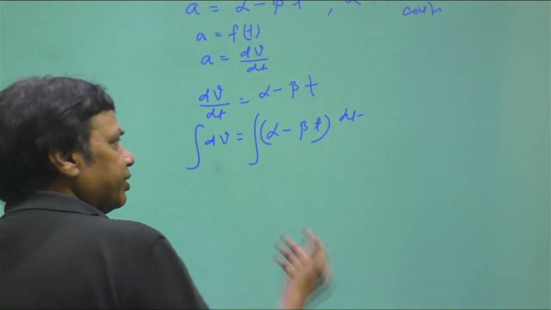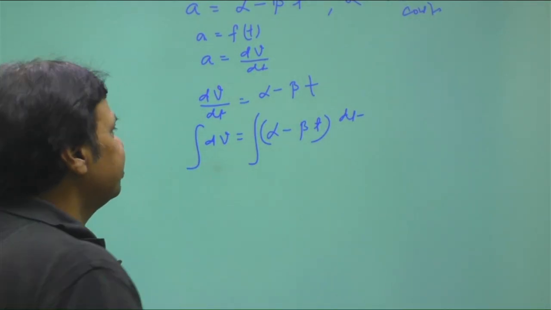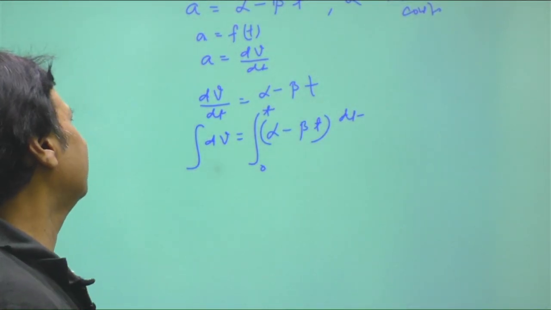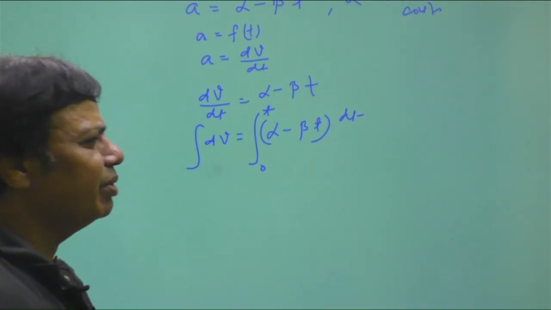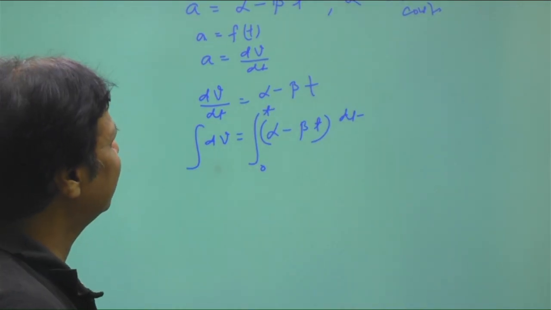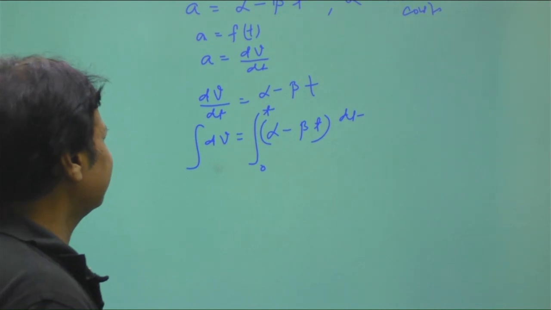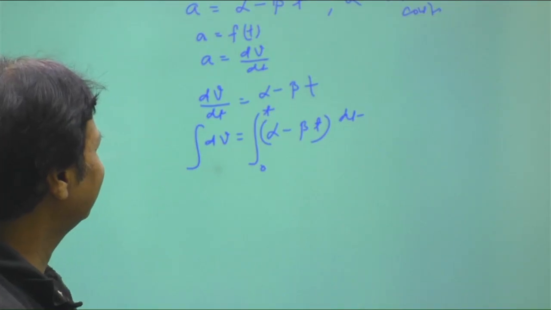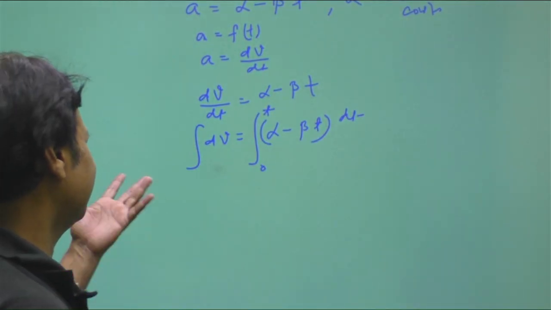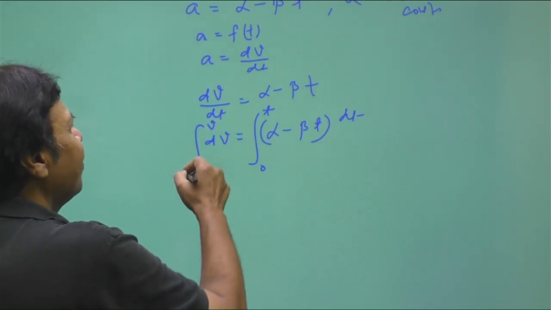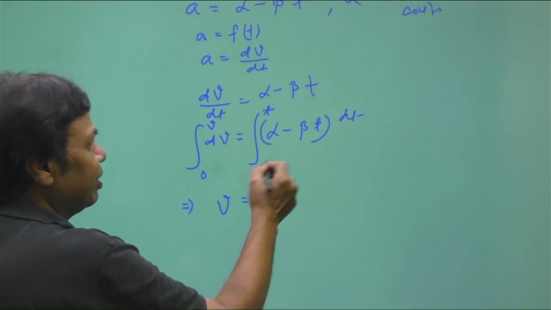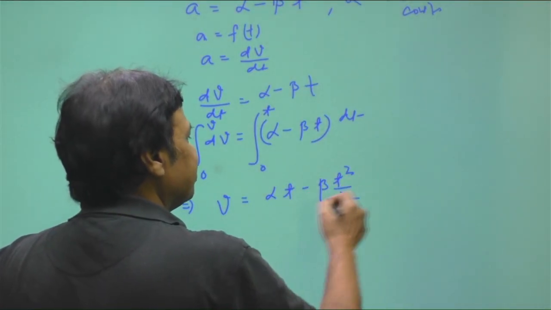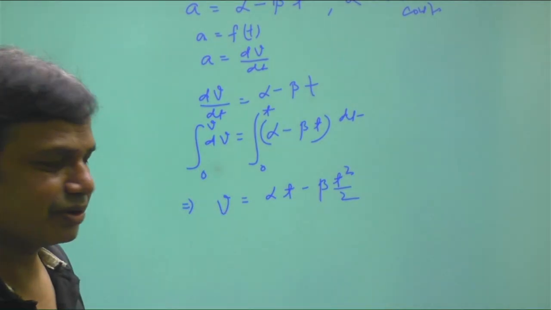Take the initial value, t starts from 0 to t, any moment of time later on, and v naught, let's make v naught equals 0, and you will get v equals alpha t minus beta t square by 2 after integration.